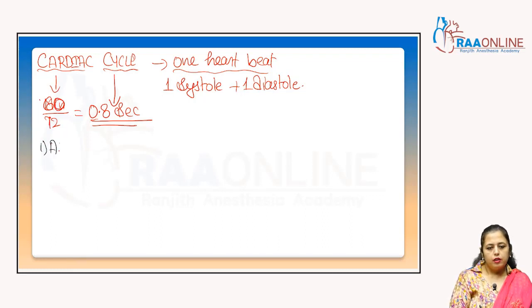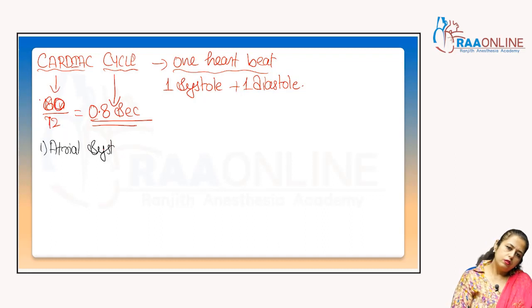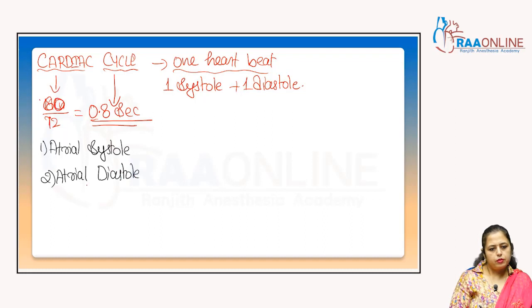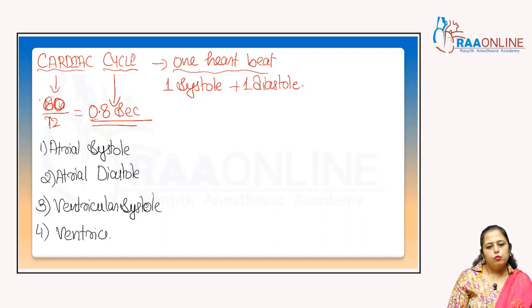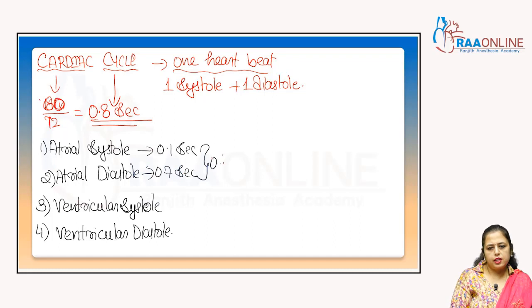First is atrial systole, then atrial diastole, ventricular systole, and ventricular diastole, right? 0.1 second, 0.7 seconds, total 0.8 second.